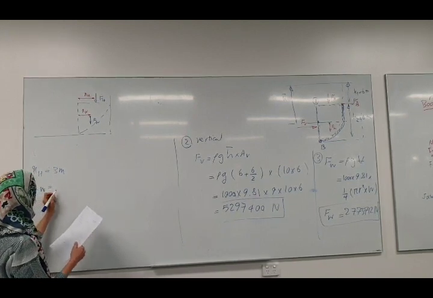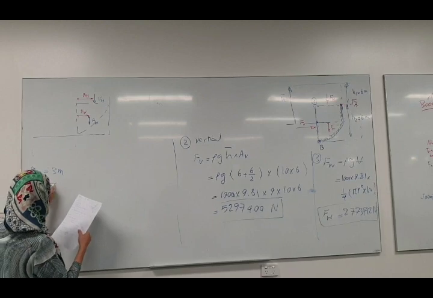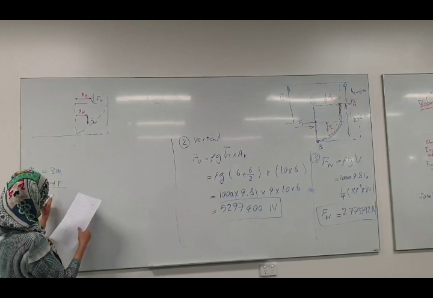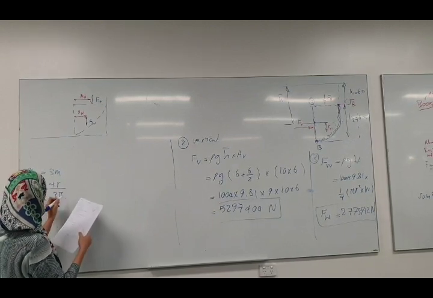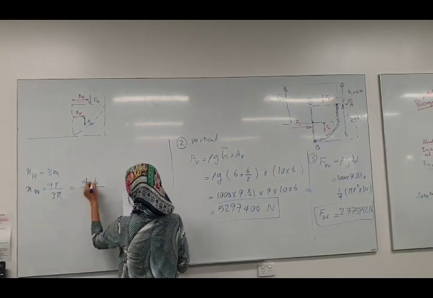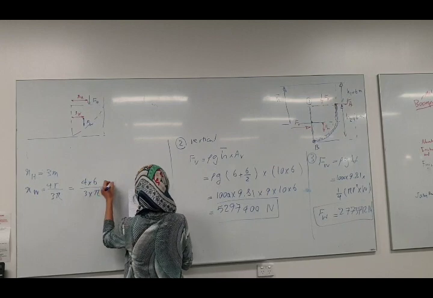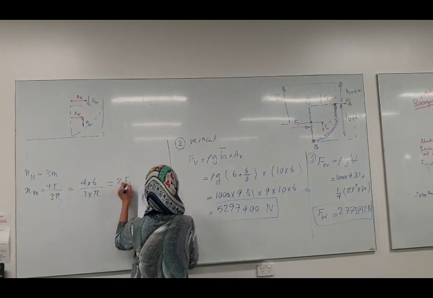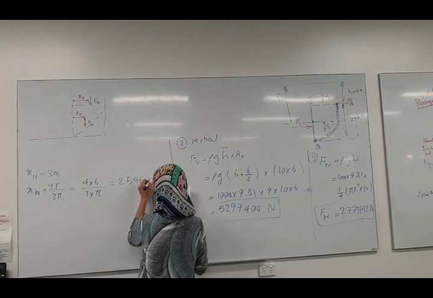For a quarter of a circle, it's 4 times radius divided by 3 pi, which is 4 times 6 divided by 3 times pi, and is equal to 2.546 meters.